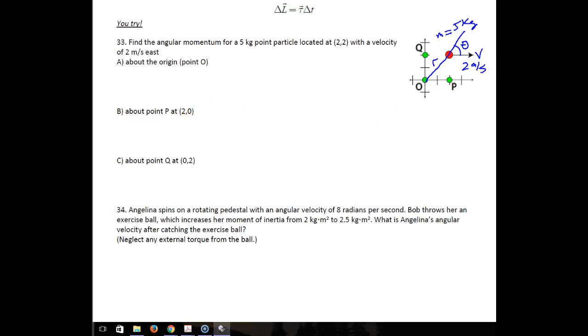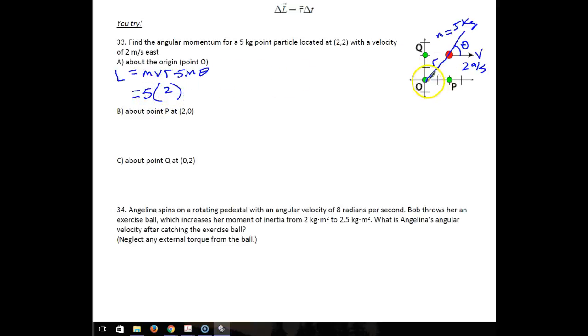So let's go ahead and use our first equation in order to solve this one. So we're going to say that L, which is our angular momentum, is equal to the mass times velocity times the radius times the sine of that angle. So here we've got our mass. Our mass is 5. Our velocity is 2.